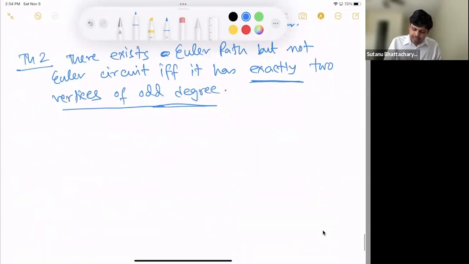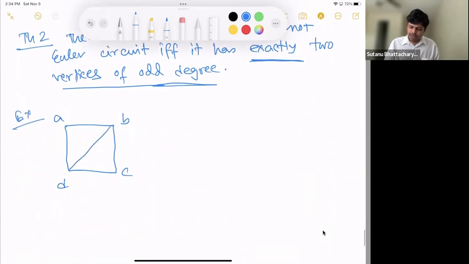So let's take a couple of examples to grasp this concept. This is one graph. Now, is there any Euler circuit? Euler circuit means all vertices should be of even degree.